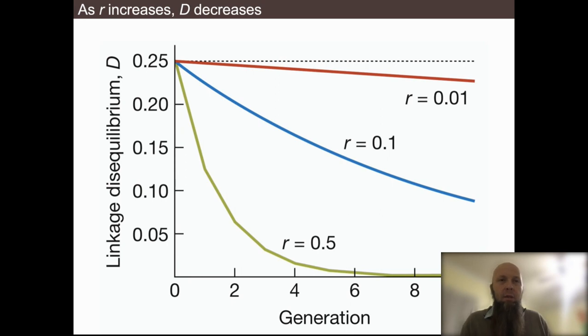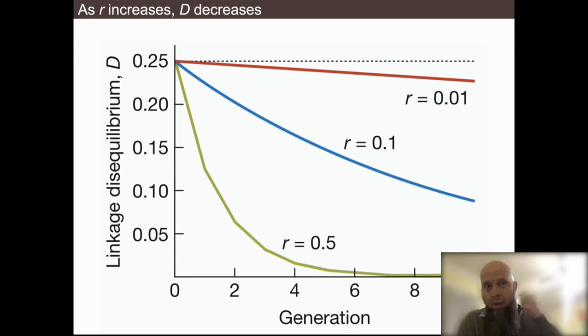And you can see if things are really far apart on a chromosome, then linkage disequilibrium can go from quite high levels of 0.25, and I won't get at why that's the max, over just a couple generations, very quickly approach zero linkage disequilibrium, because those genes are on separate chromosomes or so far apart that they're effectively on different chromosomes and they're not linked at all.